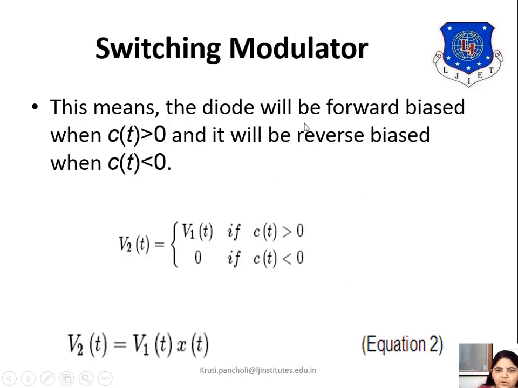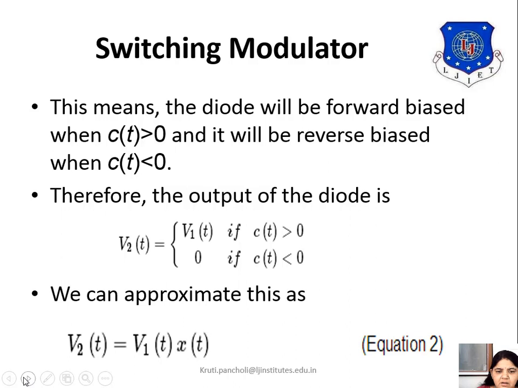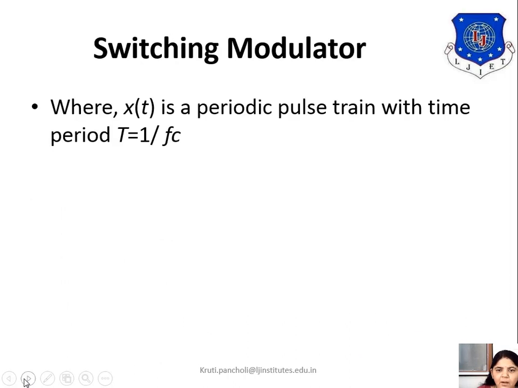That means the diode will be forward biased when c(t) is greater than 0, and reverse biased when c(t) is less than 0. So v2(t) = v1(t) when c(t) > 0, and it is 0 if c(t) < 0. So v2(t) is v1(t) multiplied by x(t). What is x(t)? x(t) is a pulse train with period T = 1/fc.